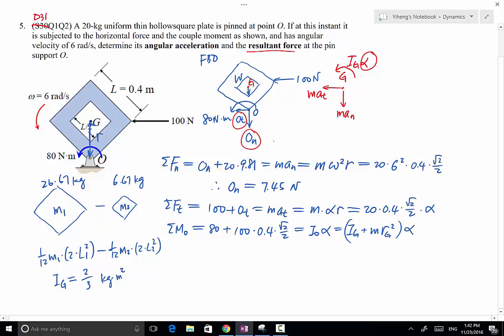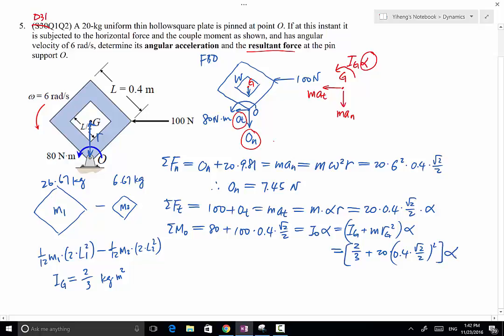So that is I_G, and then we substitute that in. This equals 2/3 plus 20 times R_G, which is the same, 0.4 times square root of 2 over 2, squared, times alpha.